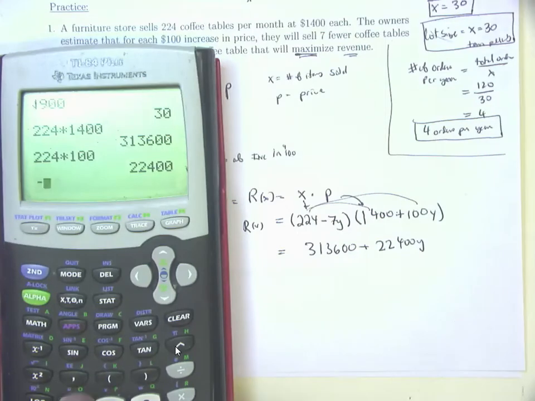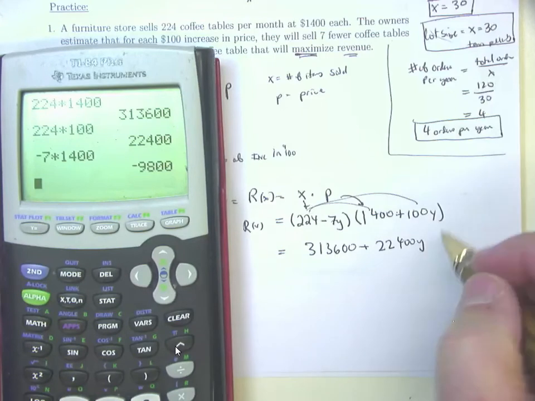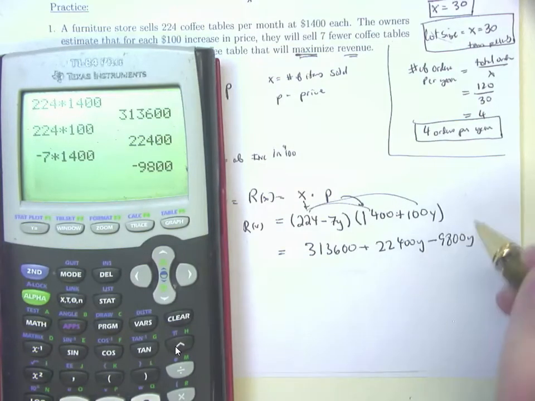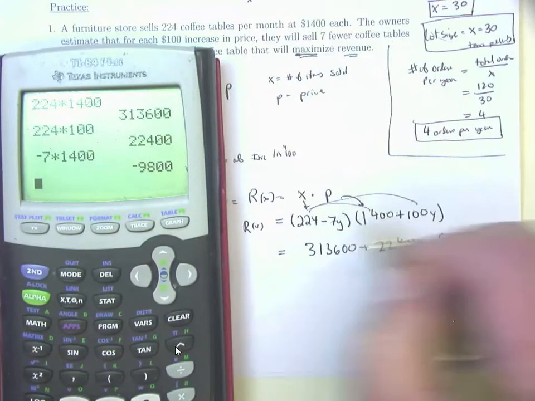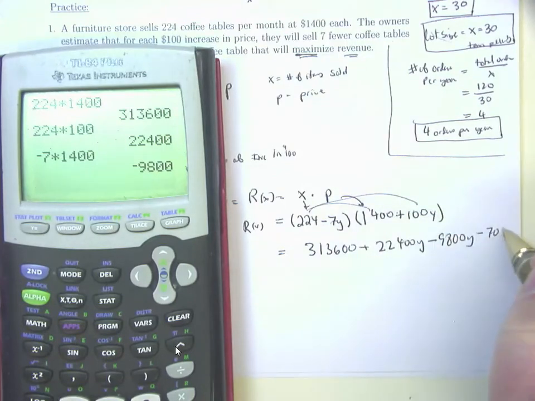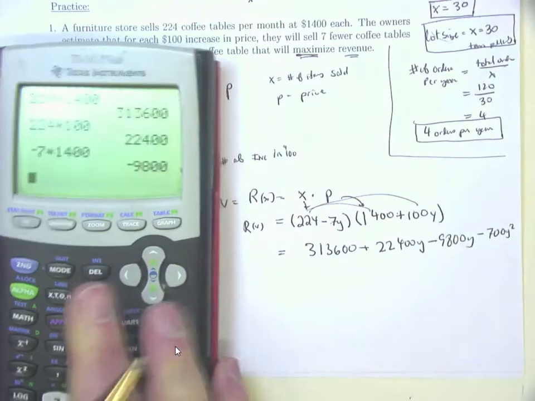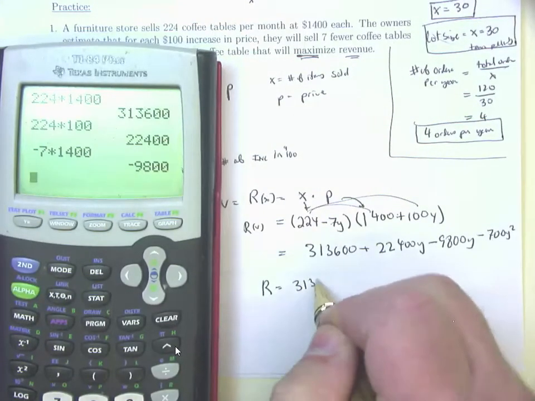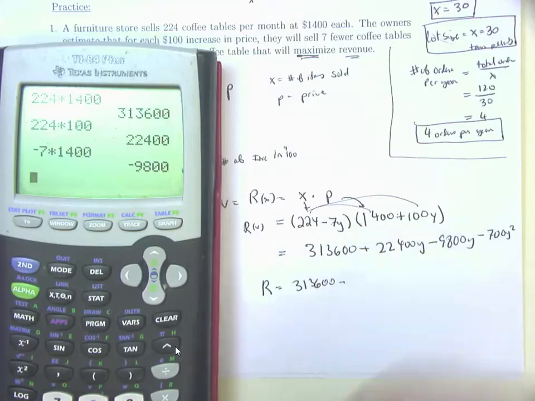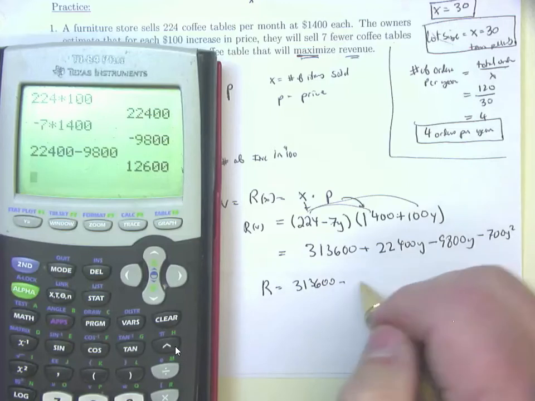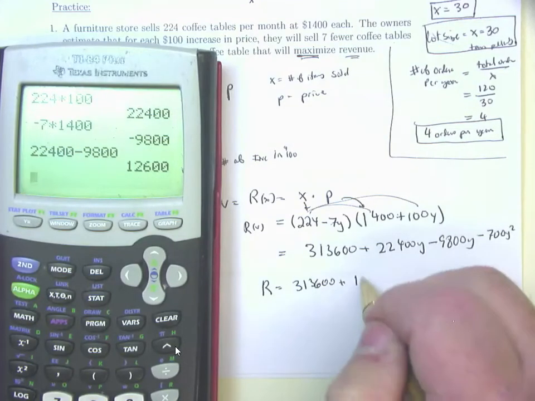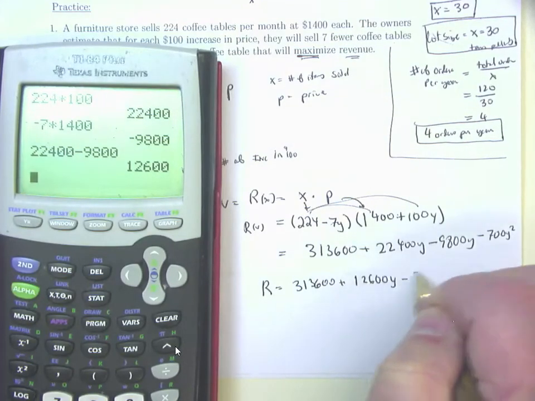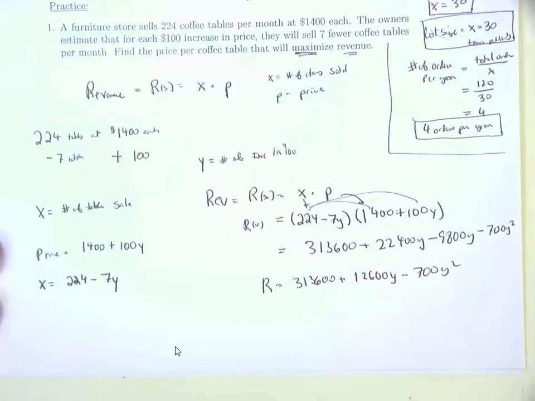Negative 7 times 1,400 is minus 9,800Y. And the last one is minus 7 times 100, which is minus 700Y squared. So my revenue is now 313,600 plus 22,400 minus 9,800, which is plus 12,600Y minus 700Y squared.